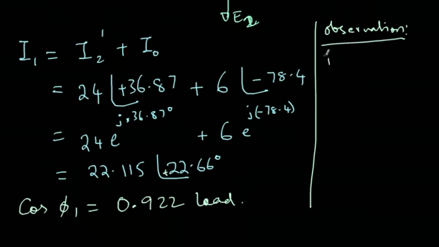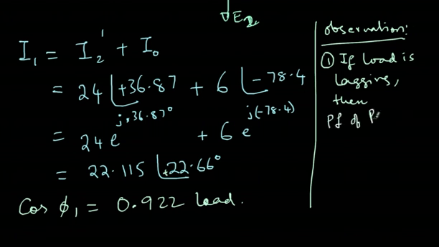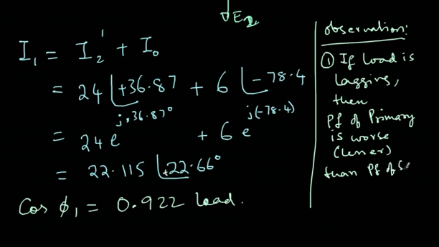So the first observation is, if load is lagging, then the power factor of primary is worse, or in other words, it is lesser than the power factor of secondary.